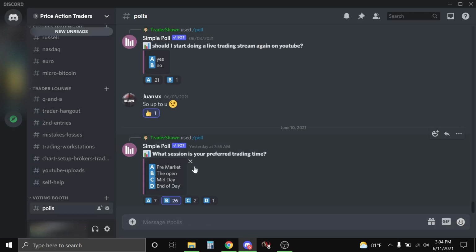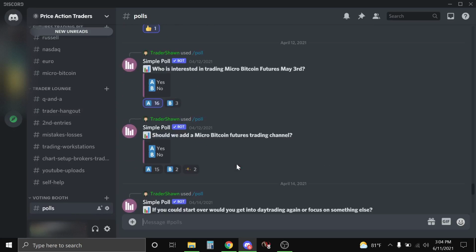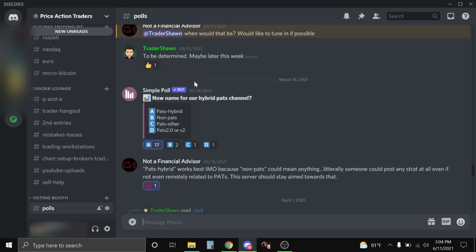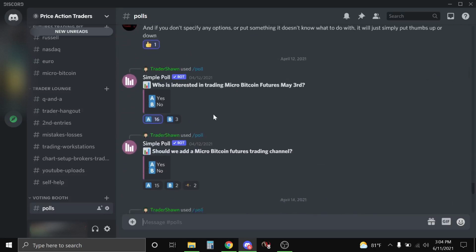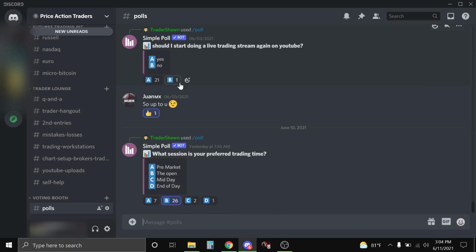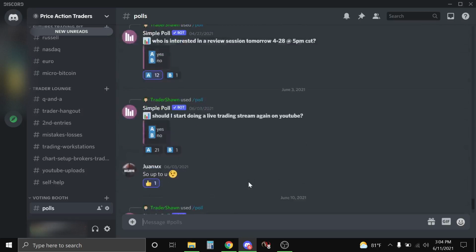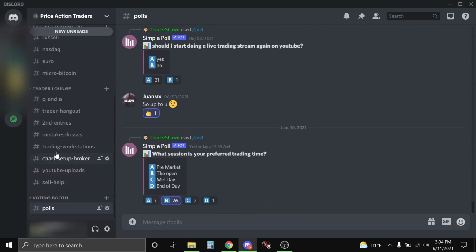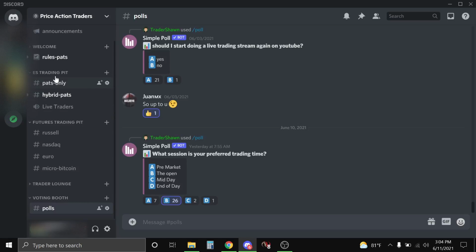There's a voting booth where we do a lot of polls and people vote on certain things, and it's pretty interesting to see. So there's quite a bit in here. That's pretty much it.